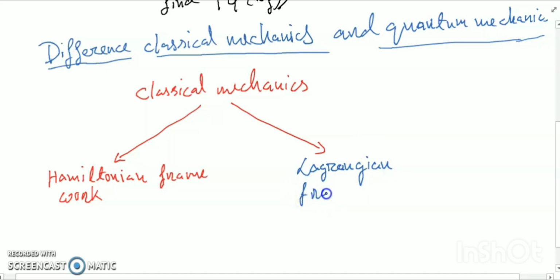Okay, so we get two ways. One is the Hamiltonian framework, another is the Lagrangian framework.